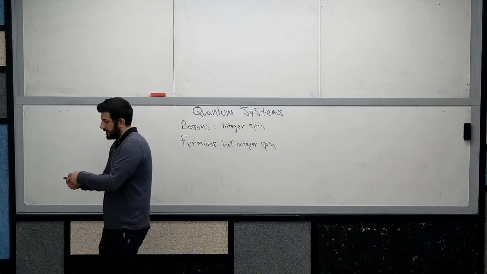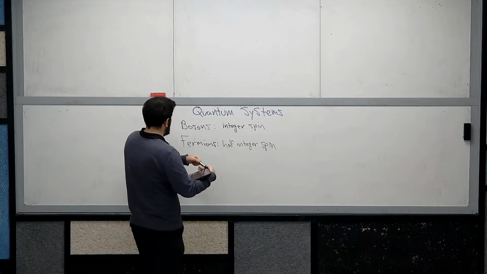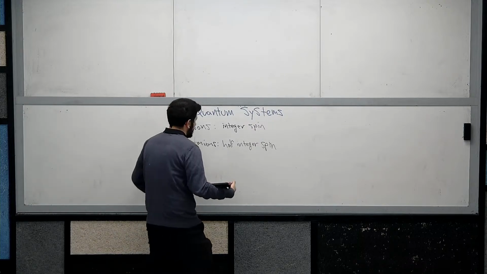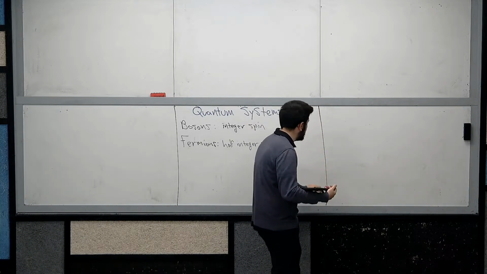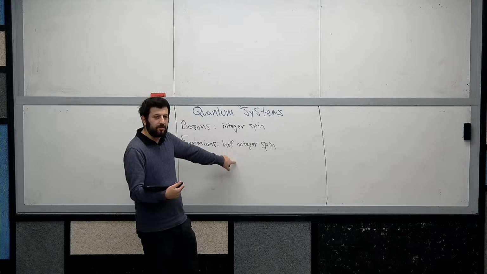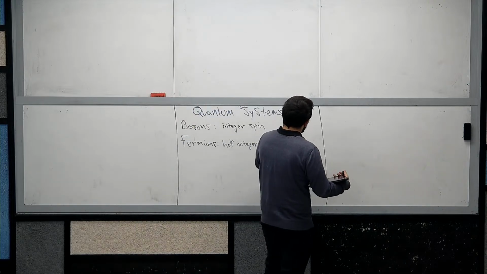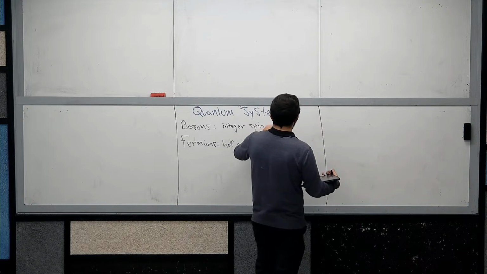Okay, and we want to understand the statistics that derive from that behavior. This means that fermions follow the Pauli exclusion principle, but bosons don't.